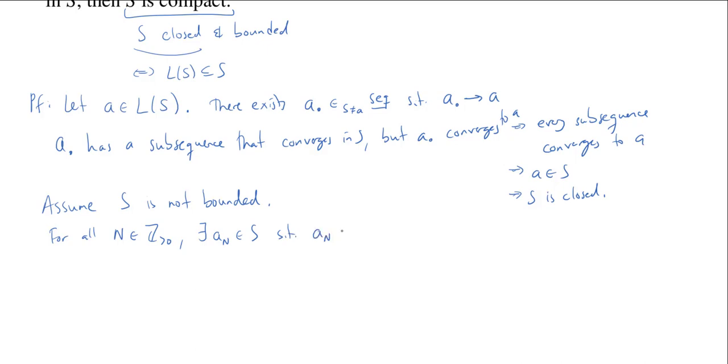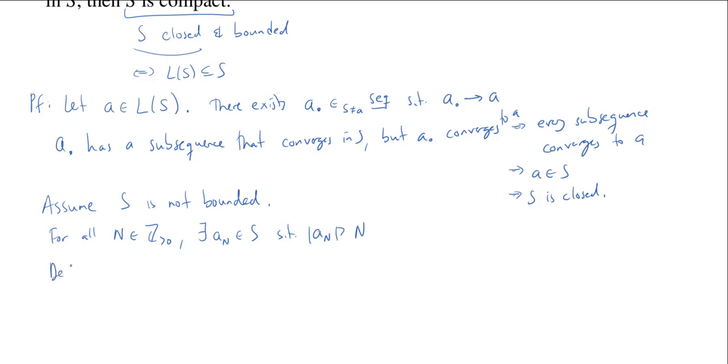such that a sub n is greater than n, or at least in absolute value, that would be fine. So the absolute value is greater than n. I can just keep on finding bigger and bigger elements of S. In fact, I can do this in such a way that I get a sequence, since for each n I'm getting one.